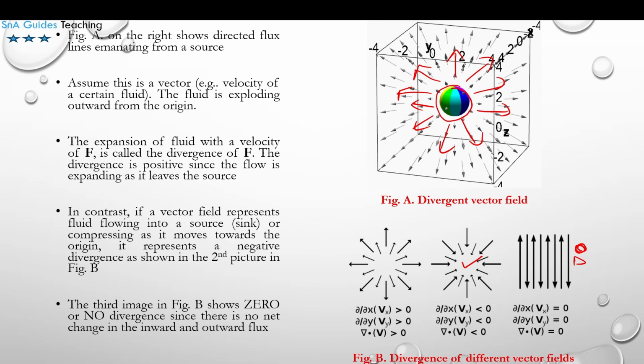So this is analogous to water leaving a shower. When it's coming out, we can say it is positive divergence. All right. Now when it's converging, going back into the sink, we can refer to that as negative divergence. But in the case where there is no net change in the inward and outward flux, nothing is entering, nothing is exploding, we refer to that as a zero or no divergence situation.